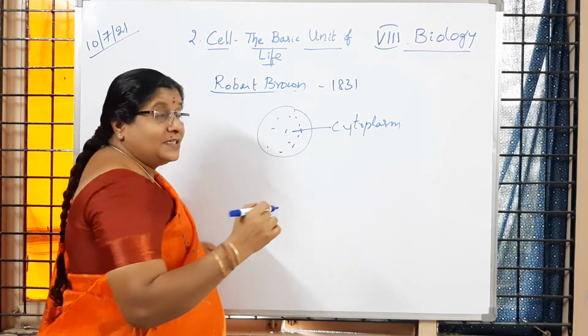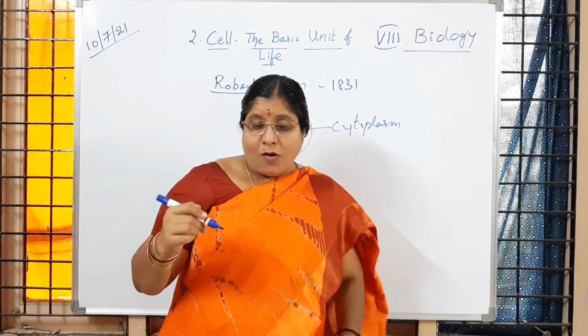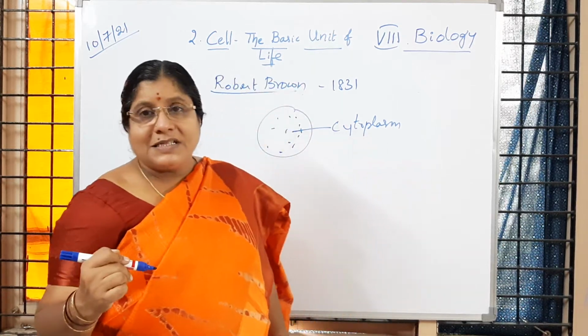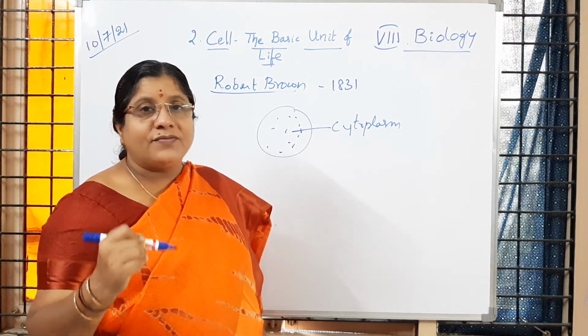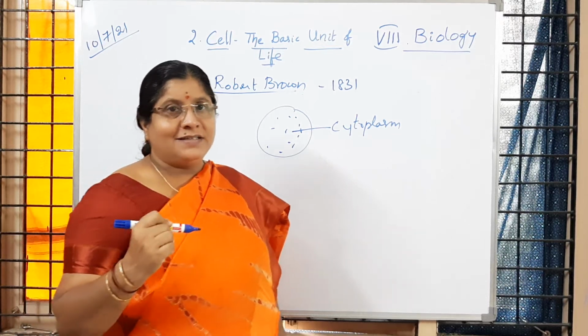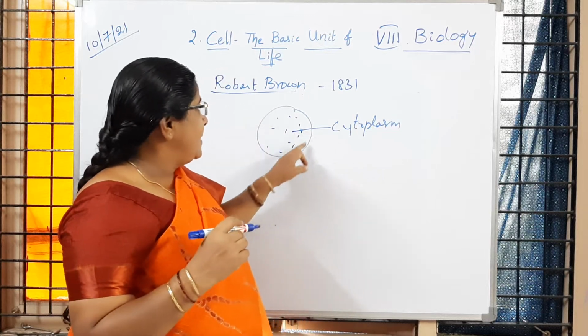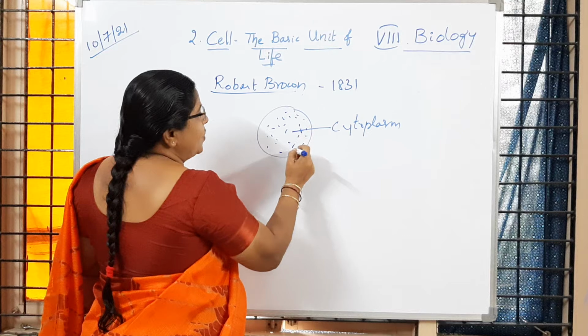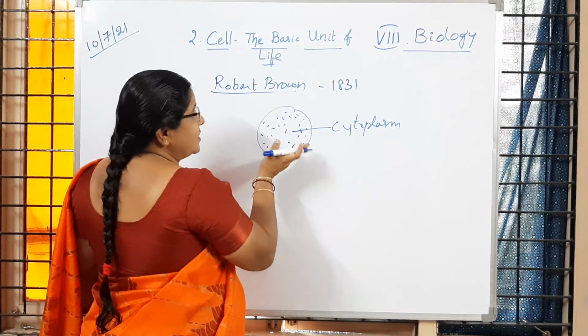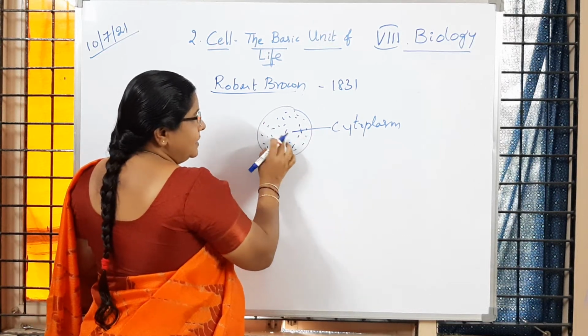That's why cytoplasm has more and more complex chemicals present in it, and it contains different types of cell organelles. Is it clear to children? These are membrane-bound structures separated from one another. Is it clear to you?